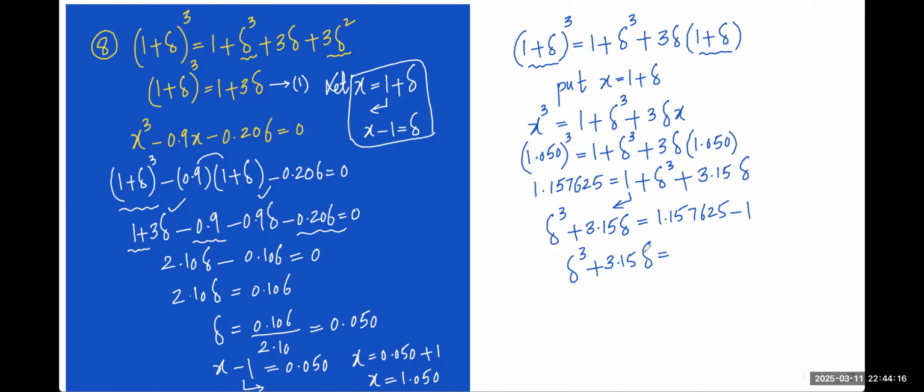Because you're taking one away. And we'll get a polynomial of third degree in delta, minus 0.157625, and simplify and get the values of delta.